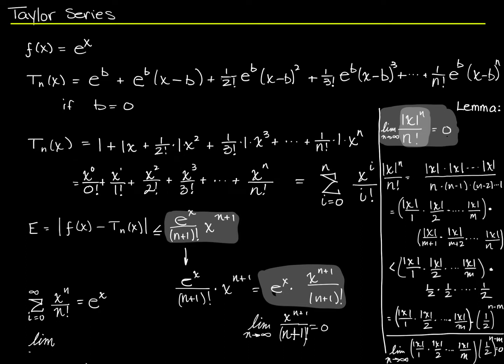Kind of another way to say this is that the limit of the Taylor polynomial as n goes to infinity for the function f of x is equal to f of x. Now that's not true for every function f of x, but it is true for the function f of x equals e to the x. And it's true for several other interesting cases as well, which we'll talk about in just a minute.